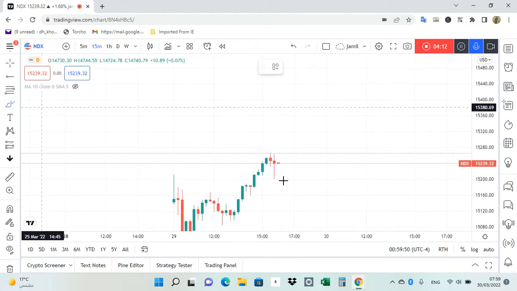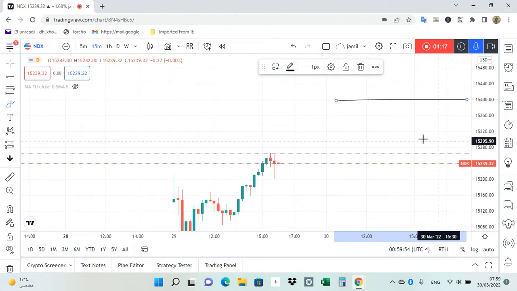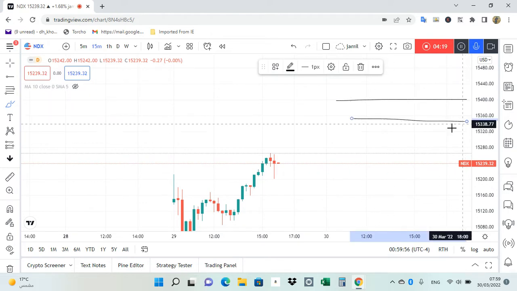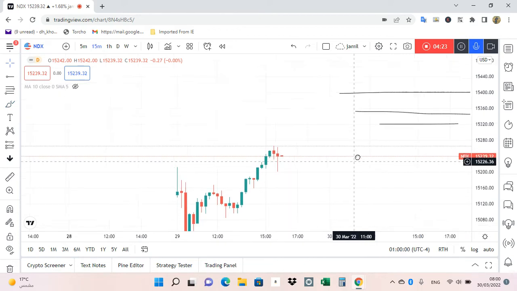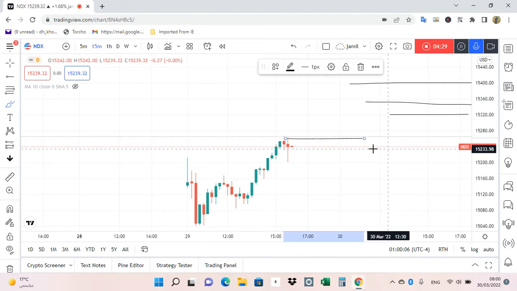So we have to consider now where the market may reverse. There is a round level here, 15,400 and 15,360, 350. This range will be a very crucial level for the market.